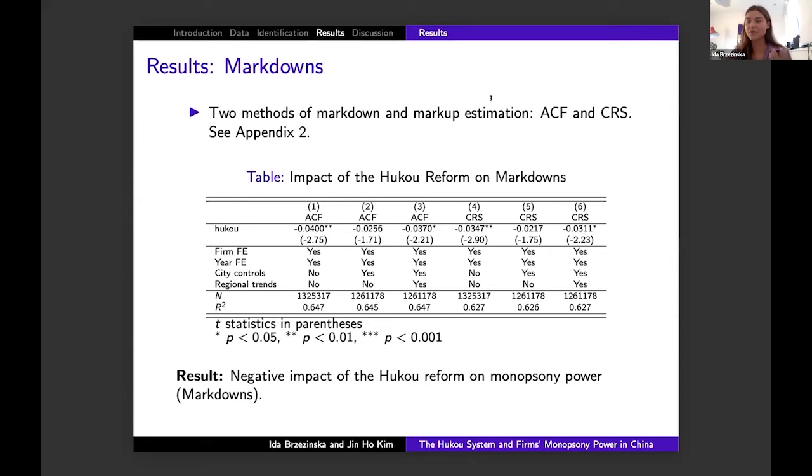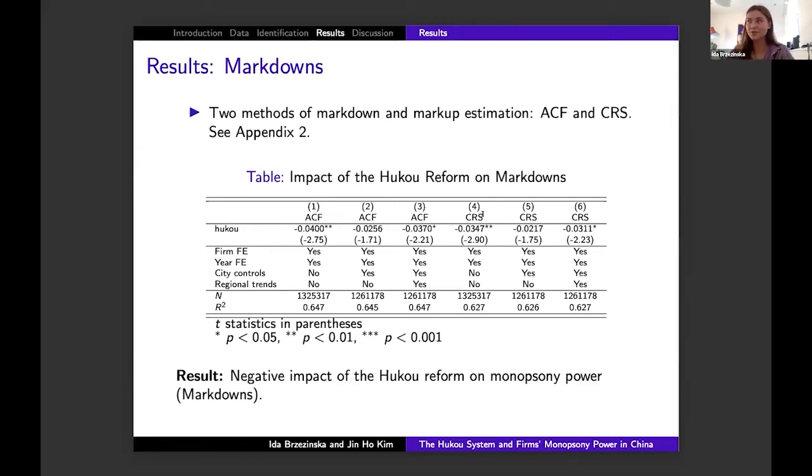And that can all be found in the appendix as well. But overwhelmingly, we do find a negative and statistically significant effect, except for one specification, but we still think this is sufficiently robust to conclude that there's a negative effect on markdowns.